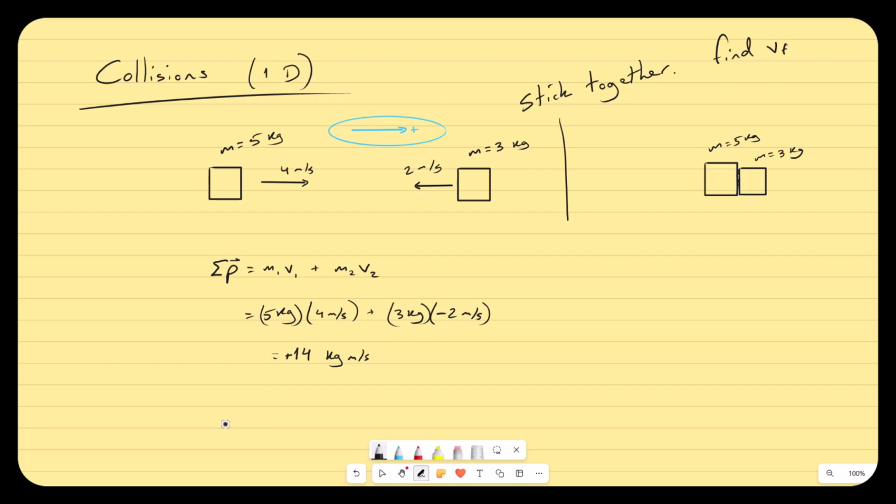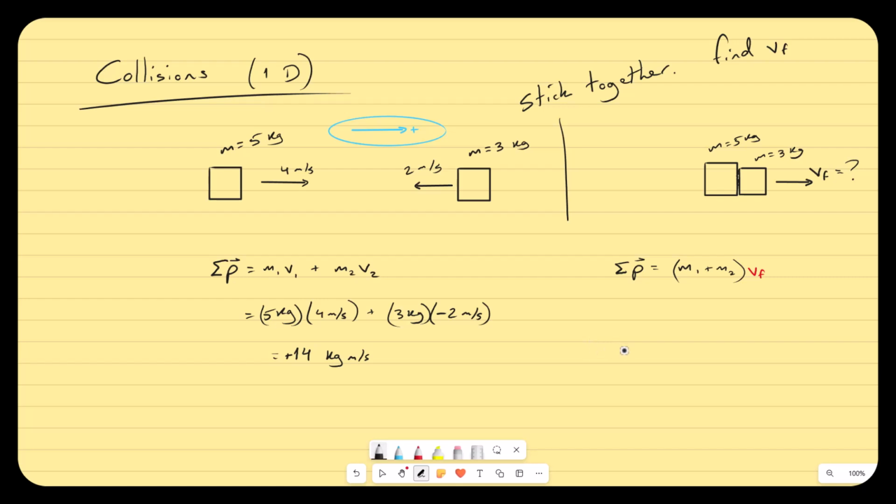Now, if I really wanted to get the direction of my arrow right over here, I can say this works out to be positive, so I know this thing has to be moving to the right. My momentum after the collision is mass 1 plus mass 2, because they are stuck together, times v final.